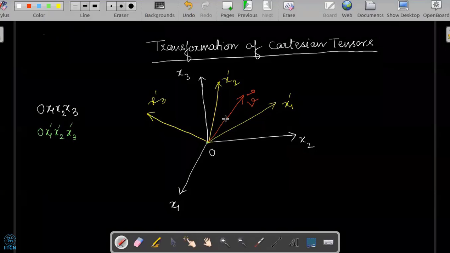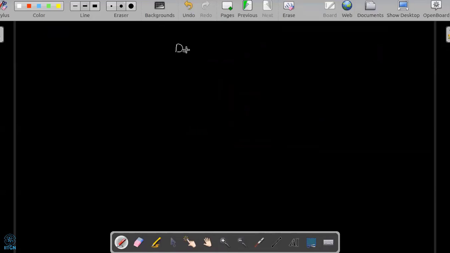Before establishing the relation, first I will describe what direction cosine is. I think every one of you might know this, but I will revise it and then move forward. So direction cosine, because we will use this concept.